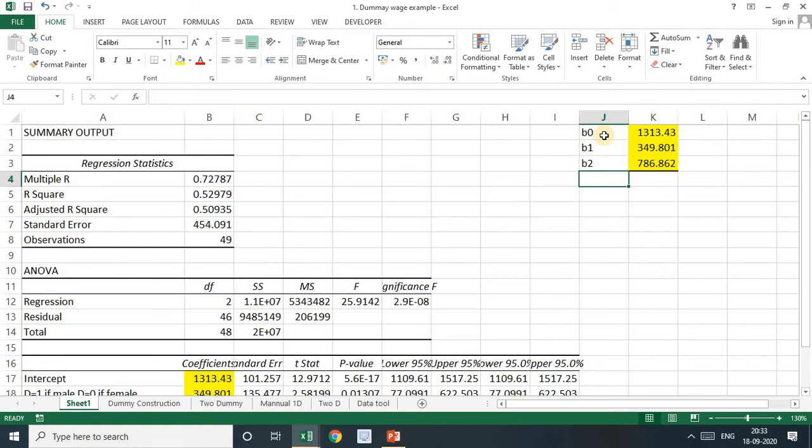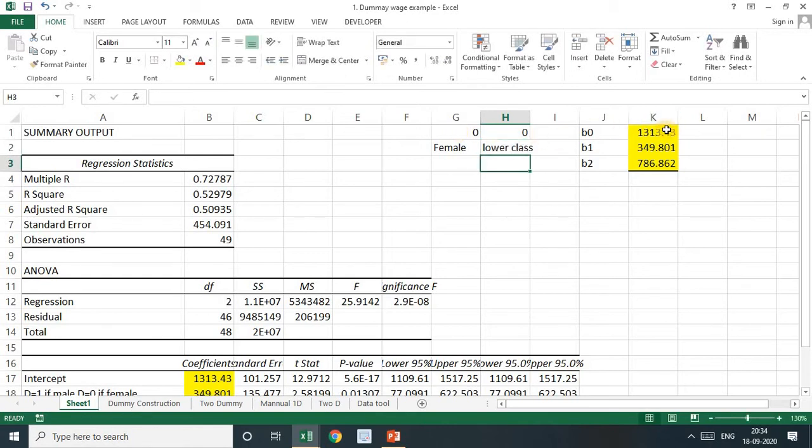That is very important. This beta 0 is the intercept, or the average value of your dependent variable for which you have assigned the dummy 0. Here I have assigned 0 for female and 0 for lower class.